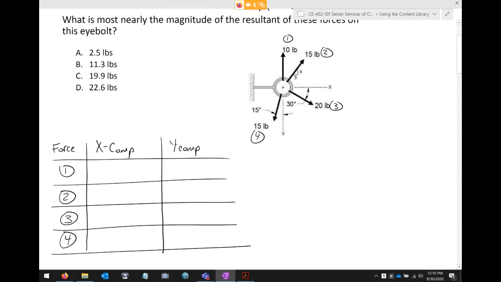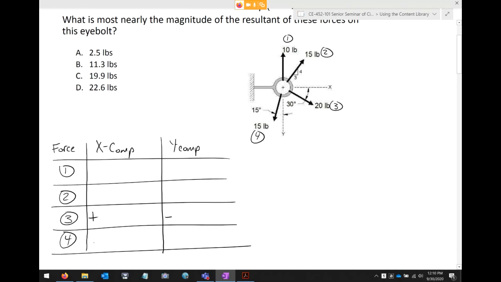In my opinion, there are really two places where you can make mistakes. The first is ensuring that you get your signs correct. For instance, if you take force 3, the x component better be positive and the y component better be negative, because it's going down on the y-axis.